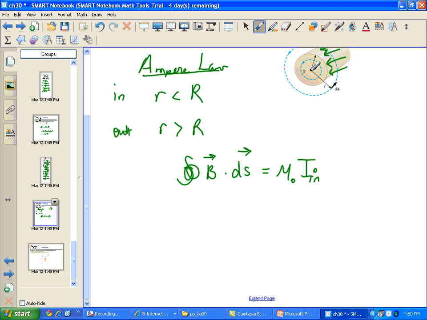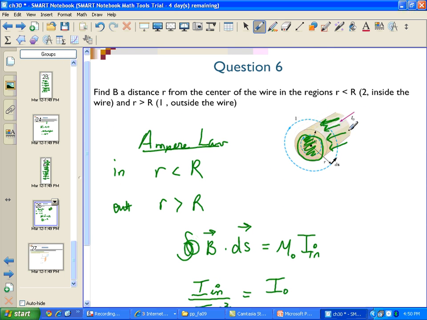So let's begin with little r less than big R. Well, if you notice that when we're here, we are only capturing part of the total current. In fact, the current that's inside this loop right here, this is our Amperian loop, divided by the area that loop encloses, pi little r squared, equals the total current that flows through the wire, which is given to us as I naught.